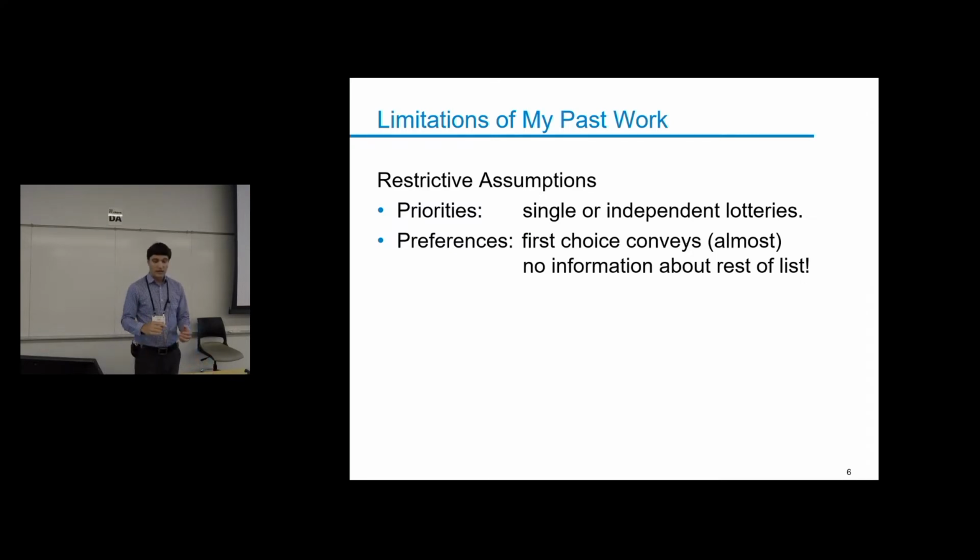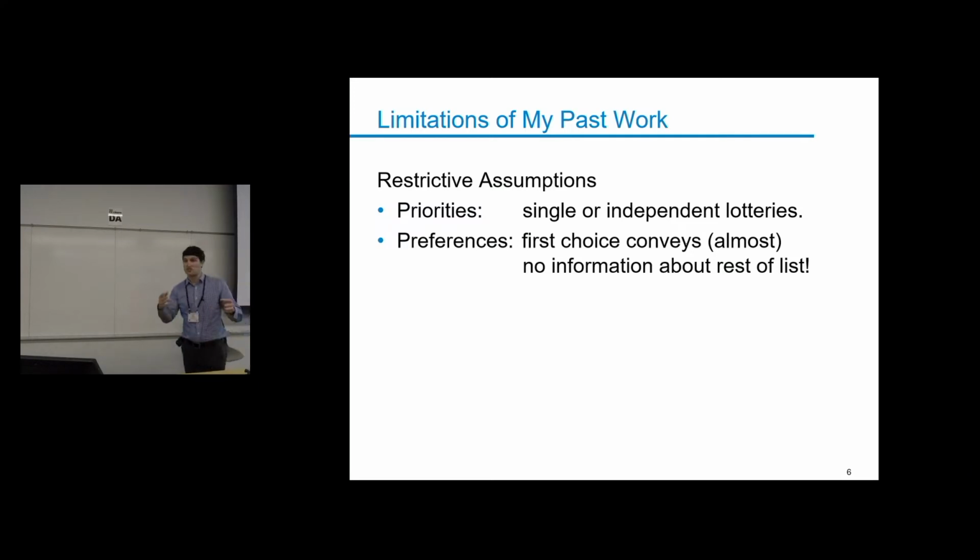It assumes priorities are either a single or independent lottery, and it assumes preferences come from a particular class of distributions, all of which have the property that if I tell you a student's first choice school, that's basically totally uninformative of the remaining schools on their list. You can imagine in practice this is not true at all.